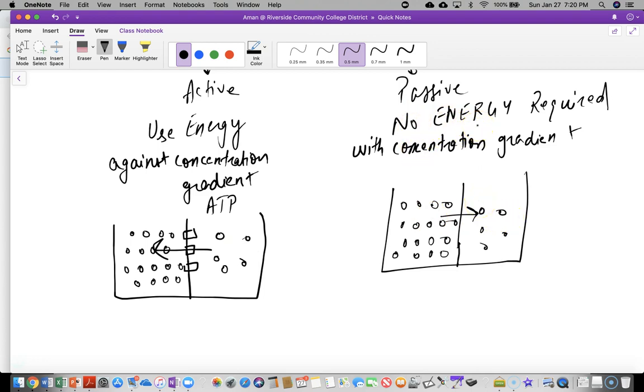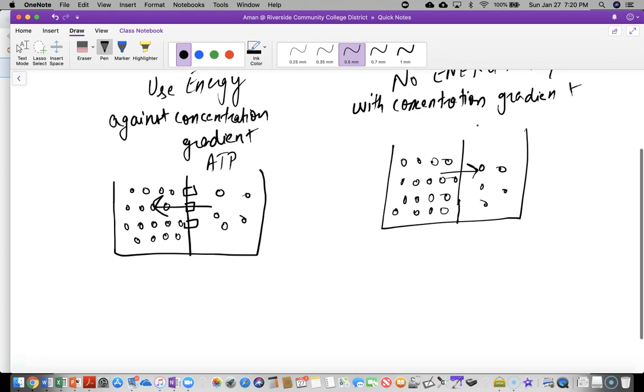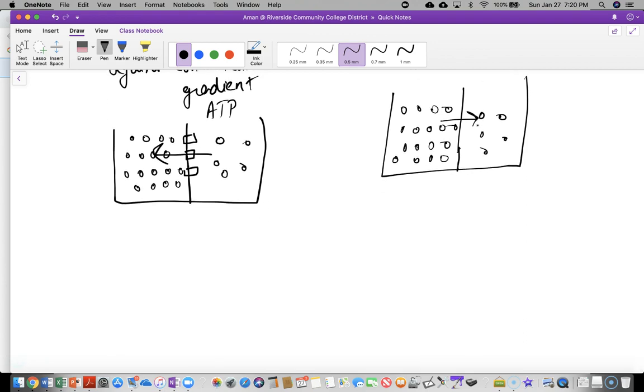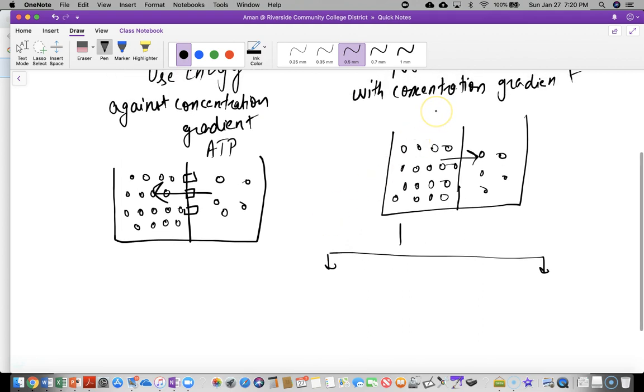Okay, but when it comes to passive transport, guys, there are 2 different types. Now again, let me introduce this word to you guys. When you go from high concentration to a low concentration, you're basically diffusing your molecule from one side to the other side. So this process is called diffusion, okay?